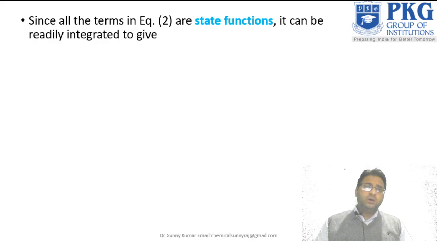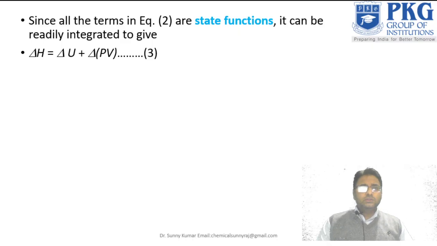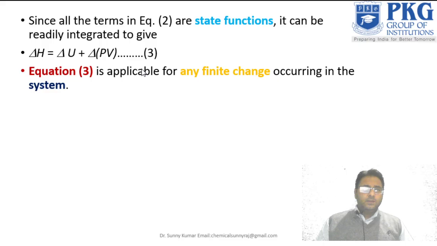Since all the terms in equation 2 are state functions, it can be readily integrated to give the change in enthalpy equals the change in internal energy plus Δ(PV). This is equation 3, and equation 3 is applicable for any finite change occurring in the system.